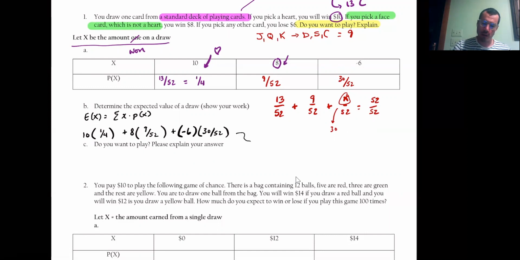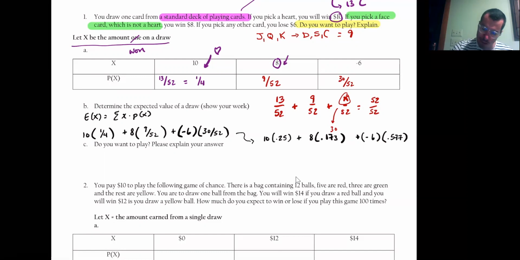I'm going to transfer my work down here. The first thing I might do, especially for the 9 out of 52 and the 30 out of 52, is turn these into decimals. So I have 10 times 0.25, plus 8 times, and I'm going to go to 3 decimal places, 9 divided by 52 is 0.173, plus negative 6, again remembering that negative, times 30 divided by 52, which is 0.577.